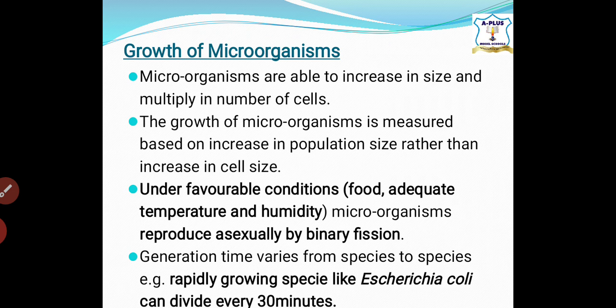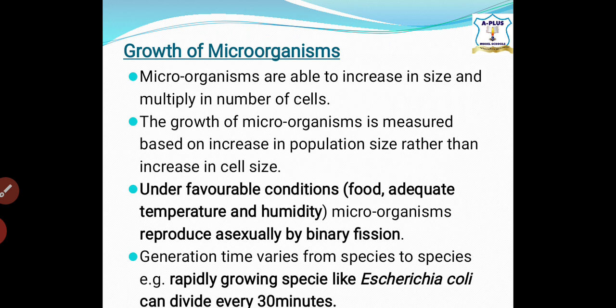Increase in size. Under favorable conditions, food, adequate temperature, and humidity, microorganisms reproduce asexually. Yes, their reproduction is asexual, and that's why they can reproduce very fast by binary fission. They can reproduce every 30 minutes. This Escherichia coli can divide every 30 minutes, and when they divide, that means they are reproducing through binary fission.